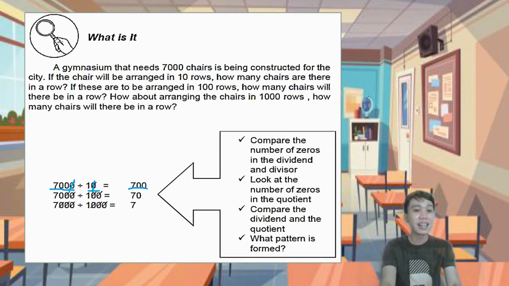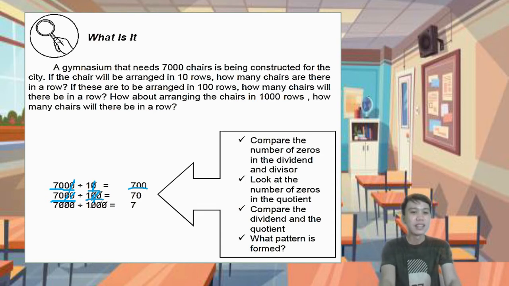Next, the dividend is 7,000 divided by 100. Madali lang yan. I-cross out natin ang 0 sa divisor. Kung ilan ang cross out natin na 0 sa divisor, ganun din ang i-cross out natin na 0 sa dividend. 1, 2. 70 divided by 1 is equal to 70. Tama.